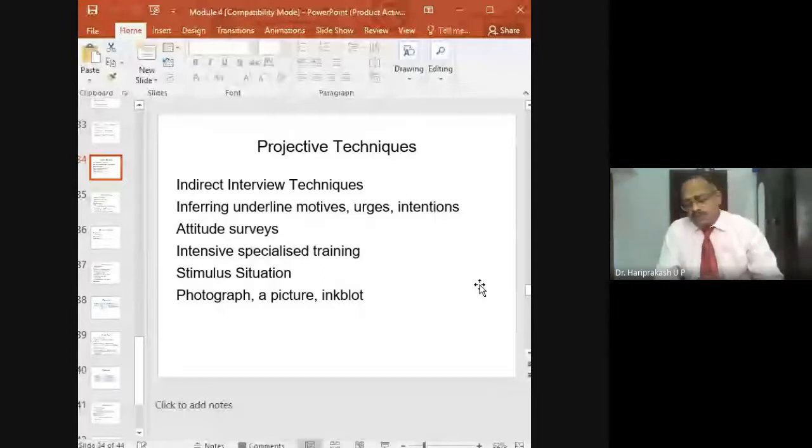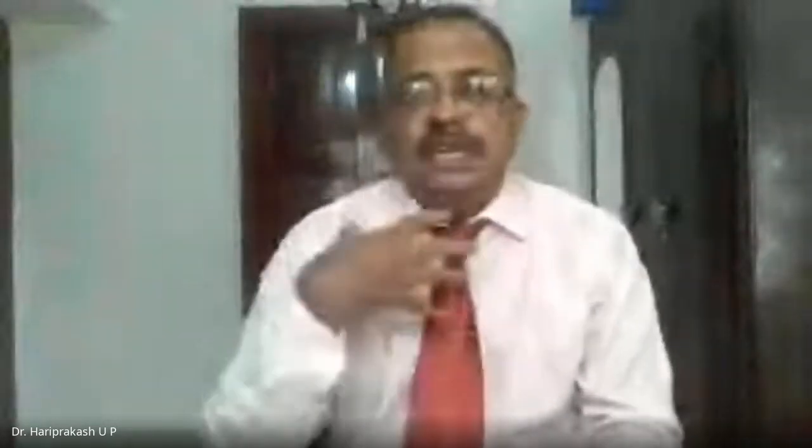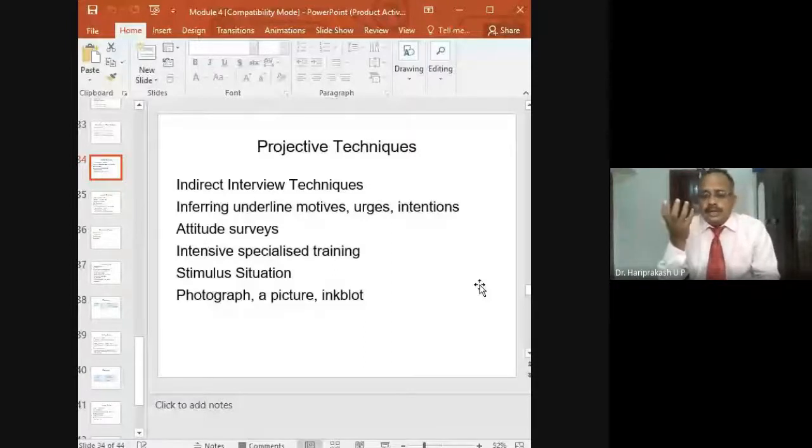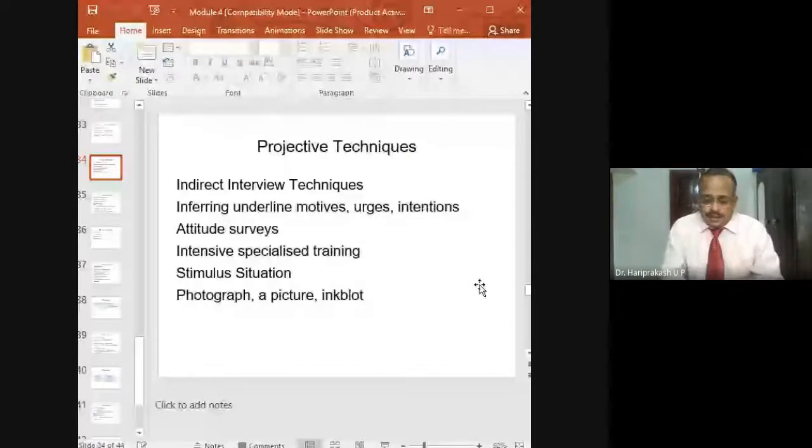Whether he is able to write it. Most of the time, what we feel and what our intentions are, we are not much aware of. We may not be able to put it in words. It is there inside and we may not be able to realize it.